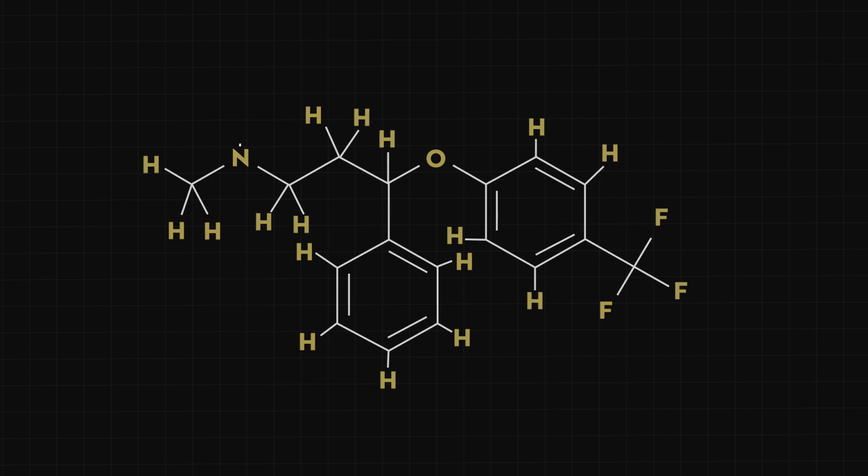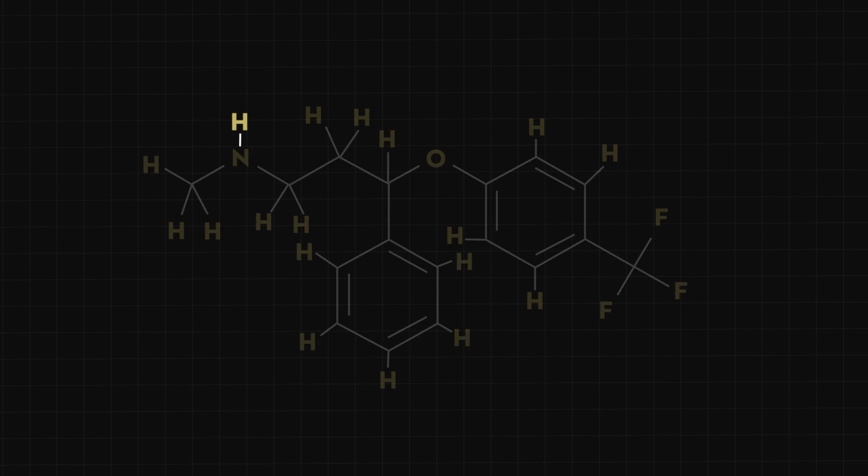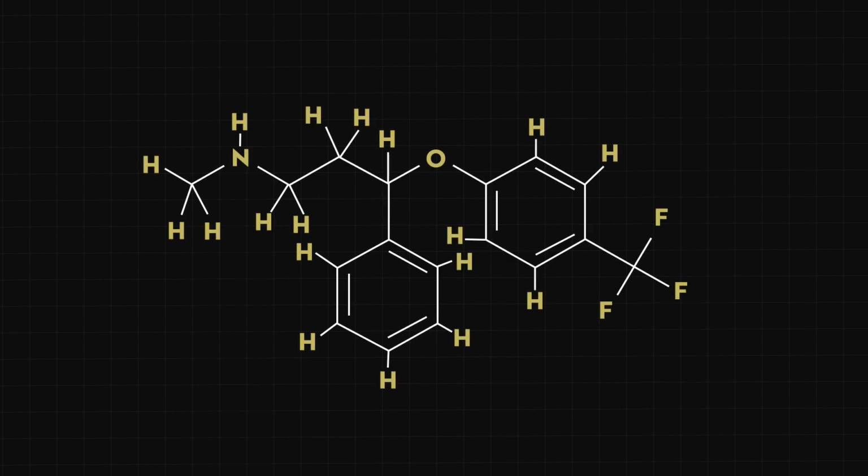The nitrogen atom only has 2 bonds shown instead of 3, so it gets 1 hydrogen. The oxygen has 2 bonds shown and the fluorines have 1 bond shown, so these do not get any extra hydrogens.